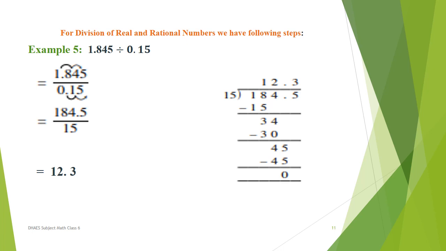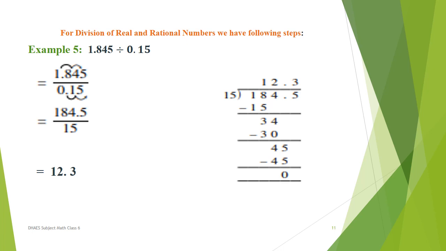Example 5. For division of real and rational number, we have the following steps. 1.845 divided by 0.15. You can also write this question in this way, as a fraction: 1.845 divided by 0.15.